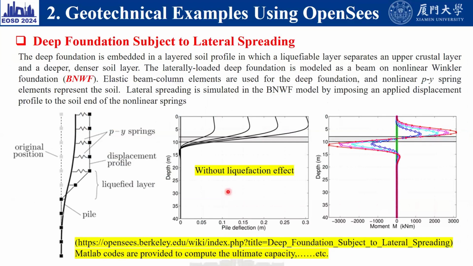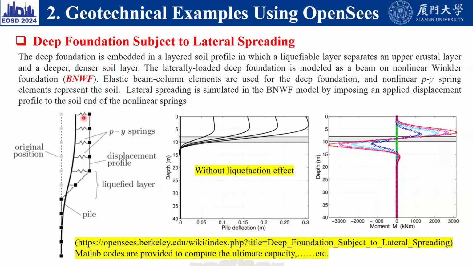So that's why BNWF, the beam on nonlinear Winkler foundation model, was developed, because it's a simplified method. The deep foundation is modeled as a column, and the soil is modeled as PY springs. So right now you don't have to run a finite element model. You can just impose the displacement estimated from lateral spreading onto the pile foundation, as you can see here.